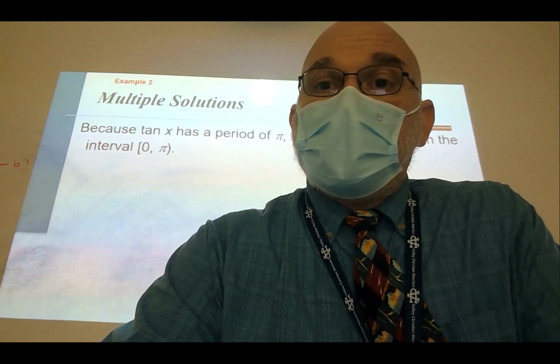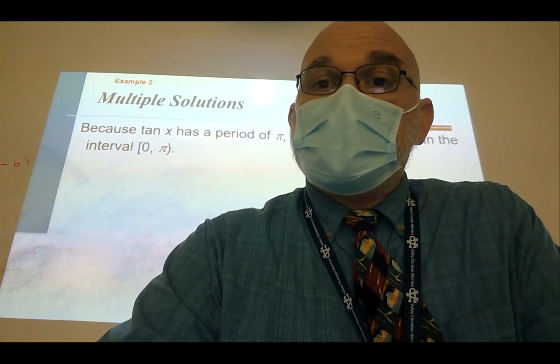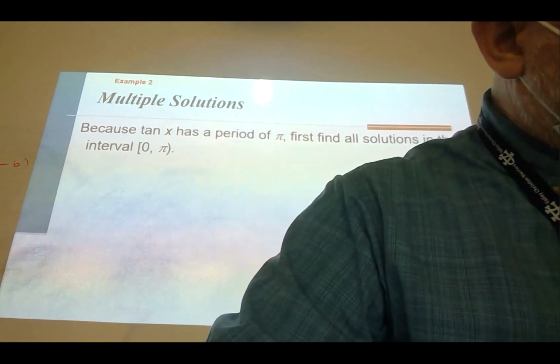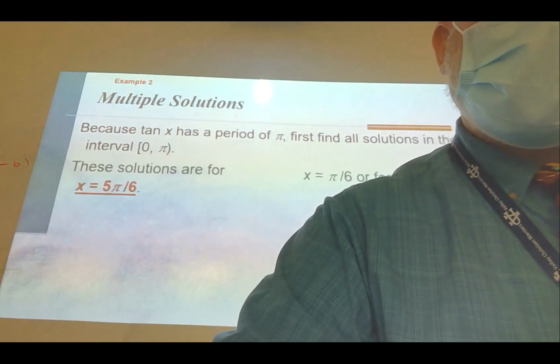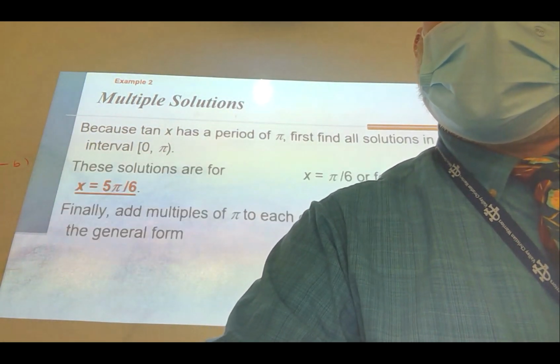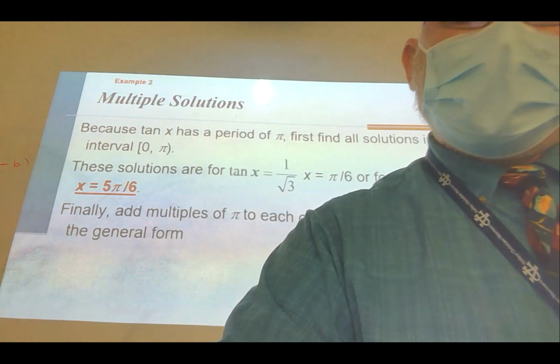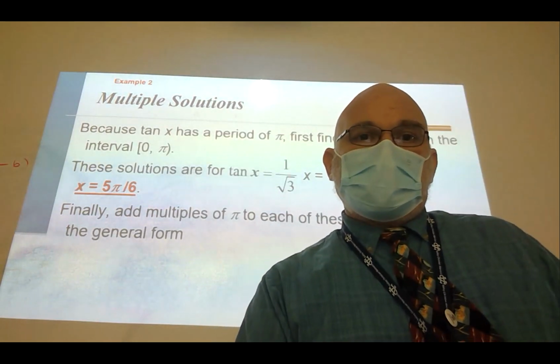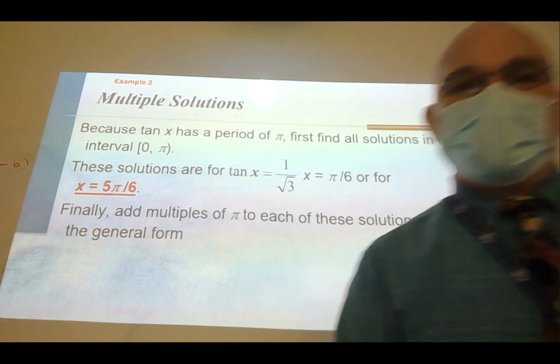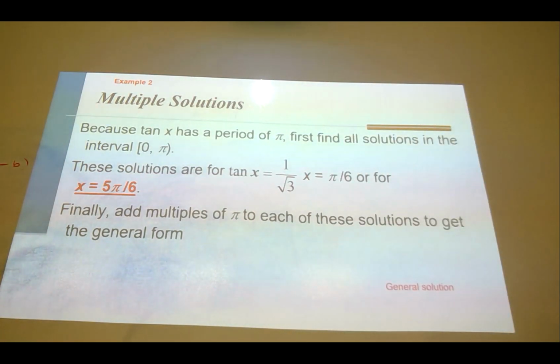So if I look at this unit circle, where is tangent of x equal to 1 over the square root of 3?